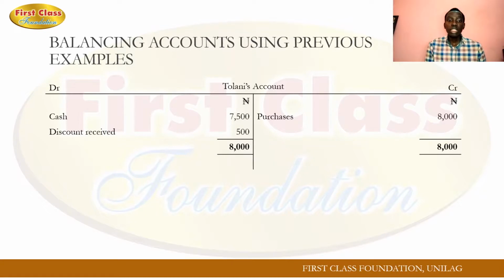The reason is this: when the debt to Tolani is finally settled, we will see that there is no balance in the account, so our name will not show again. It will only be showing in our trial balance where we are still indebted to her or she is indebted to us. As long as that is not present, we would not have the individual's name in our books.